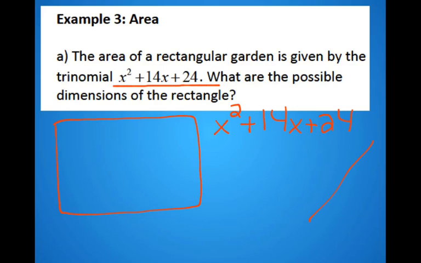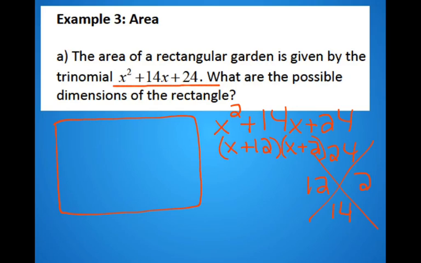So we're just looking for two numbers that multiply to be 24 and add up to be 14. So let's think, that would be 12 and 2. So that means our double bubble would be x plus 12 and x plus 2.